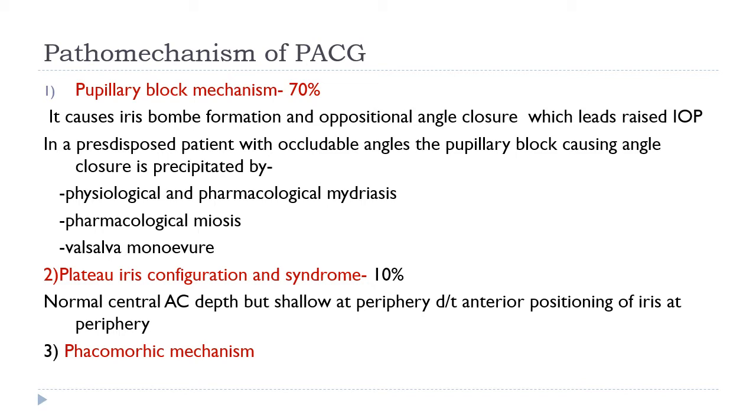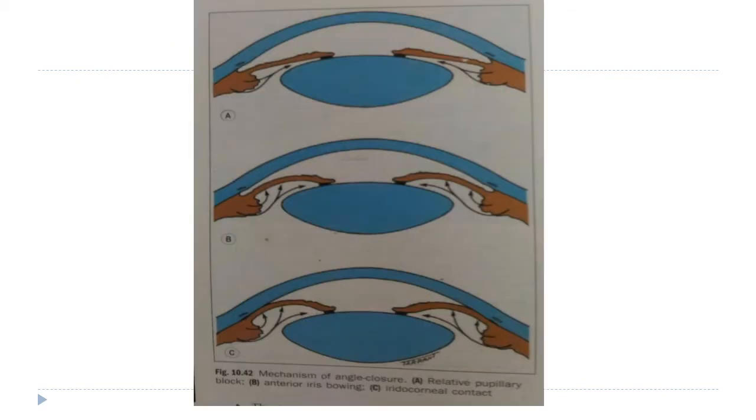Phacomorphic: again, the size of the lens is increased because of age-related cataract, or you may see the intumescent stage, or due to a traumatic condition where the lens is swollen up. That causes the apposition of the iris and the lens, and enhances the pressure. This is how you can see in the picture. Here there is a pupillary blockage.